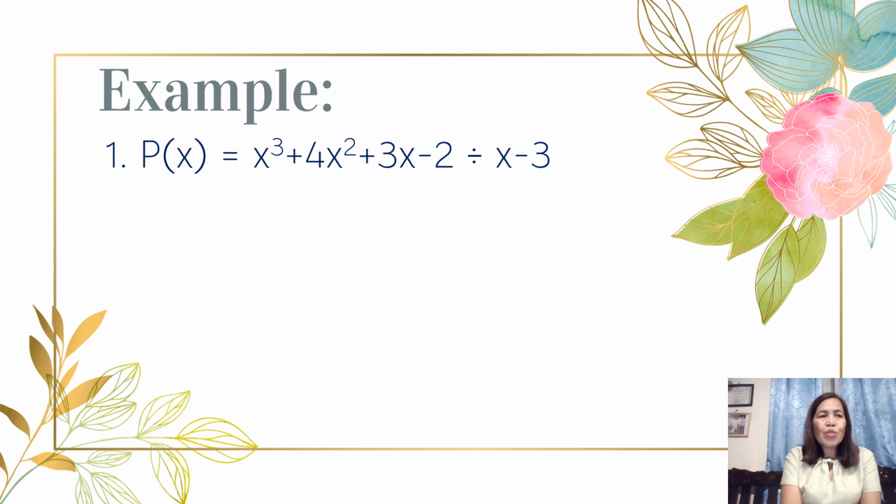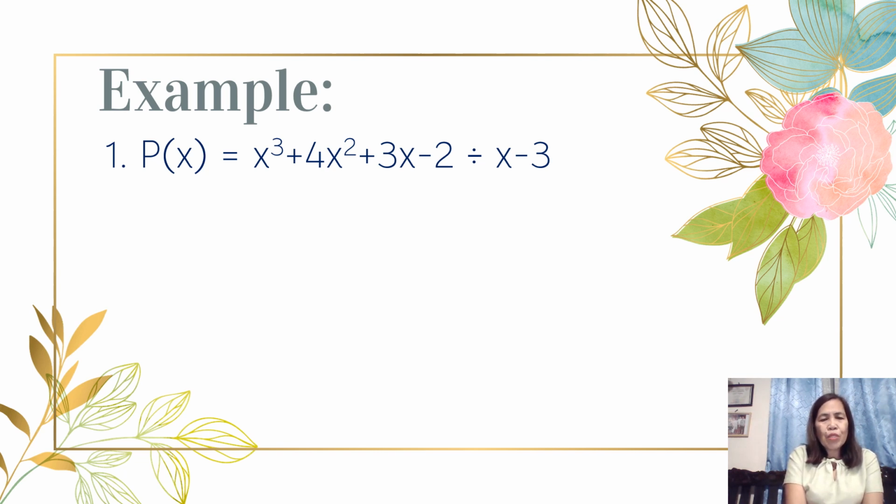But when you are asked to find only the remainder, you can use the remainder theorem. Ayan, pwede rin gamitin yung synthetic division para makita yung remainder. Kita nyo naman kanina sa solution. But then, I will show you both solutions, and then you will be the one to decide which is best for you. Okay, so dito, unahin natin yung paggamit ng remainder theorem.